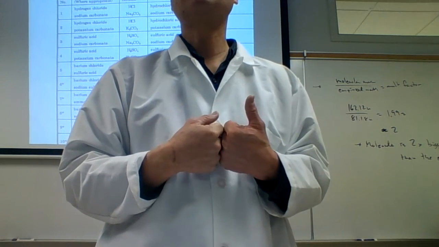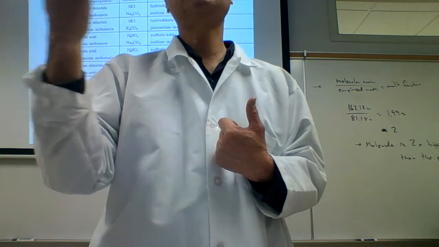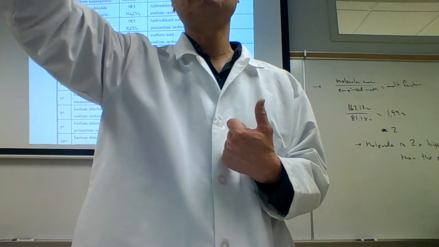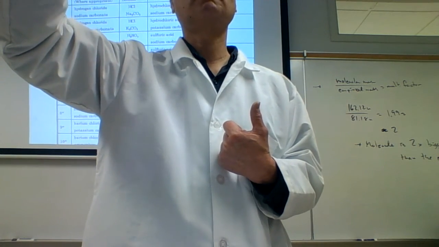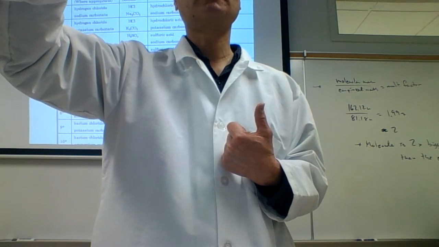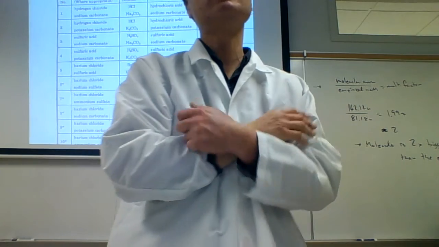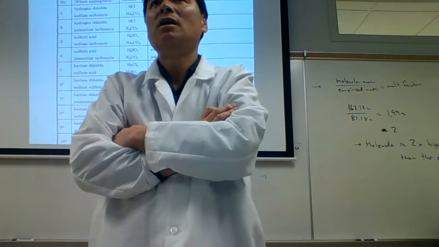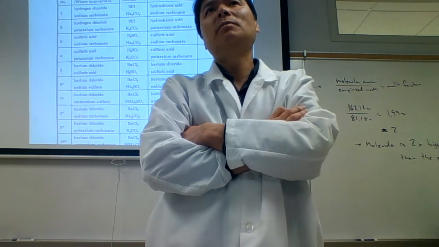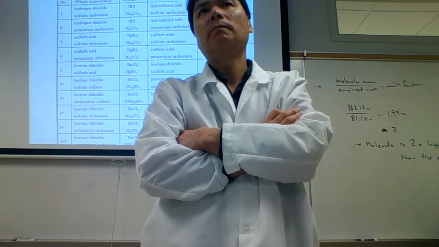Then we have redox. When we look at redox, H plus is a medium or moderate oxidizer. Chloride is an extremely poor reducer. It's not very reactive. Sodium ions, extremely poor oxidizer.